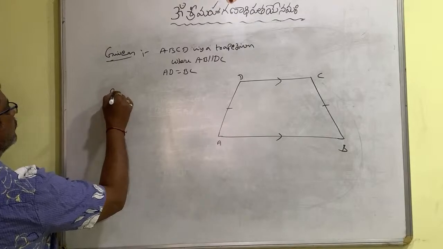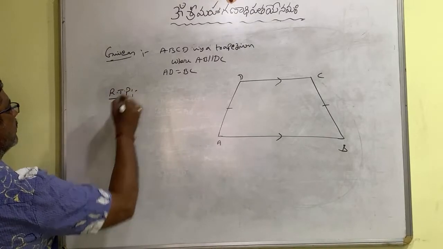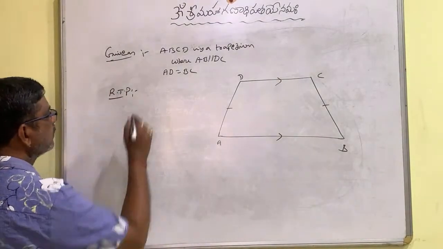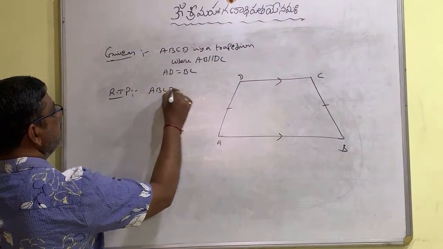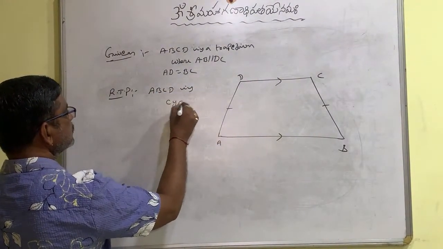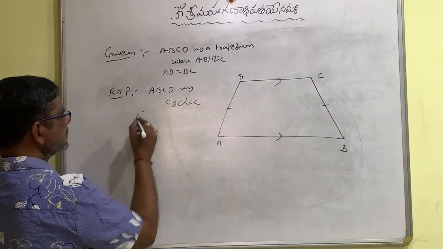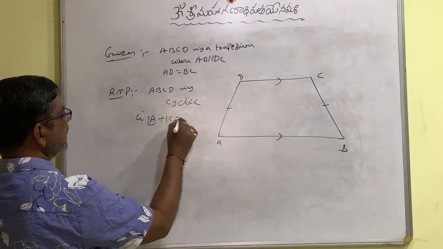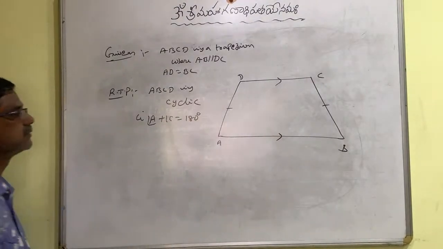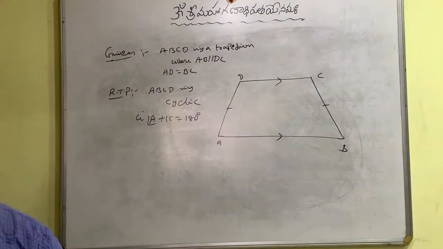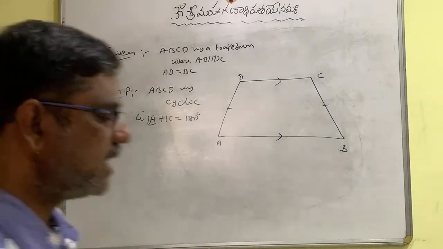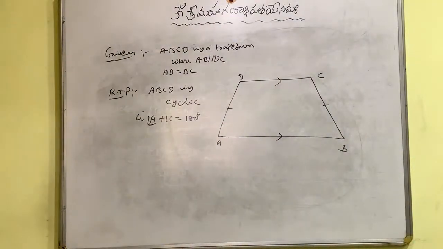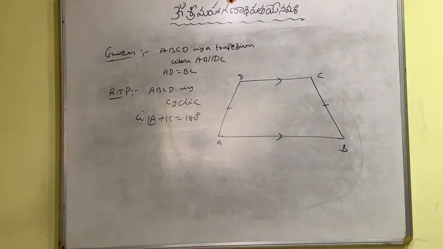And what do we have to prove? Required to prove: ABCD is cyclic. That is, angle A plus angle C is 180. We have to prove that. If the sum of opposite angles is 180, then that quadrilateral is cyclic.